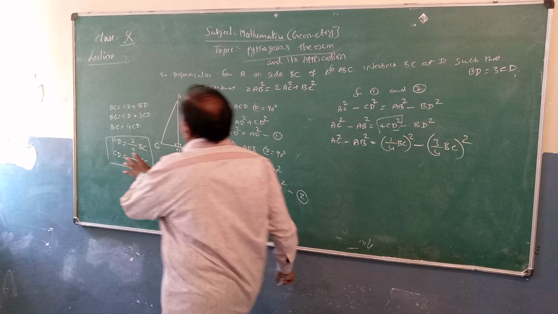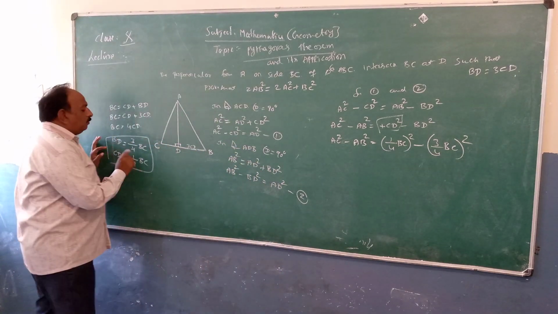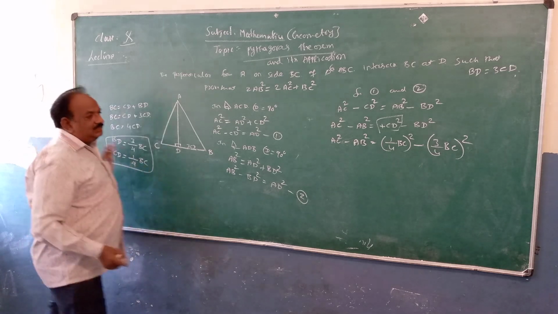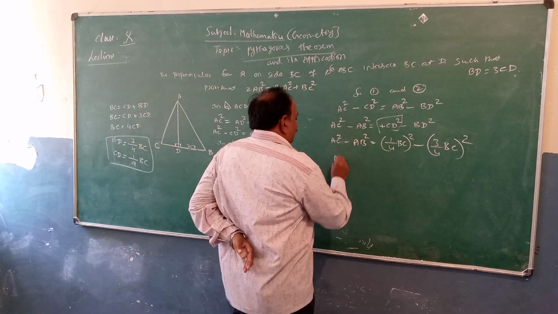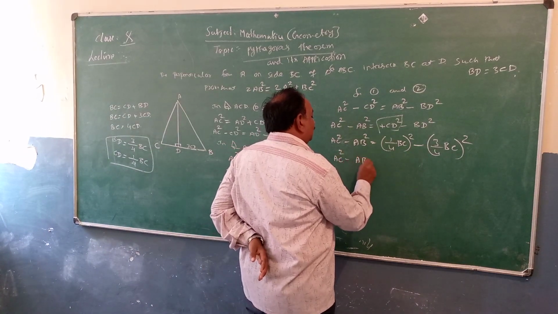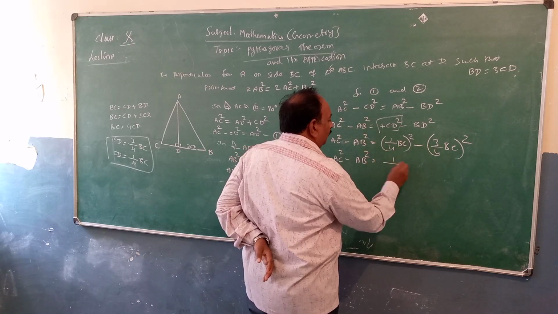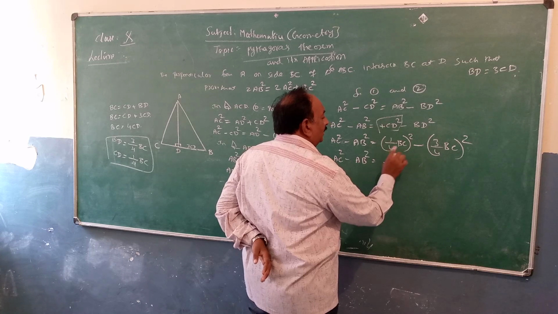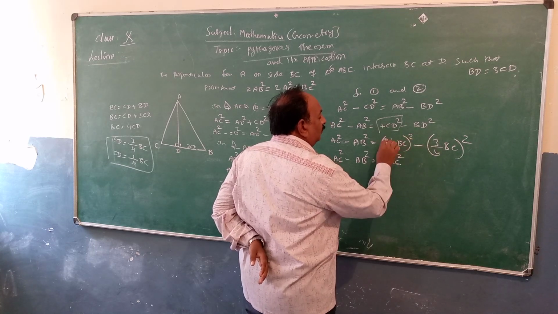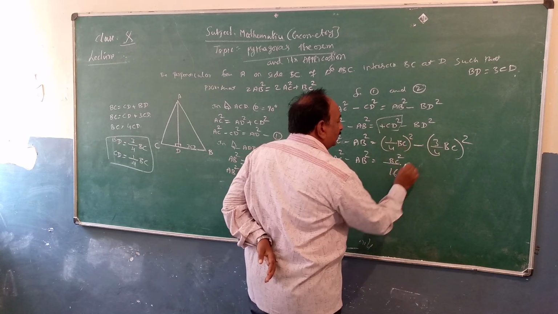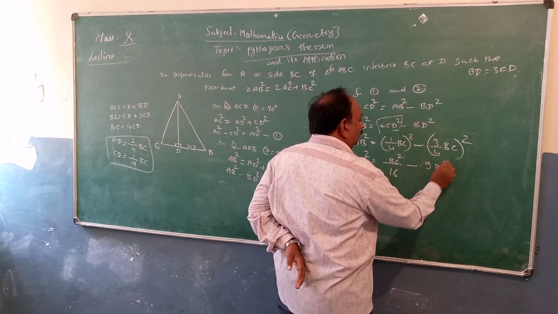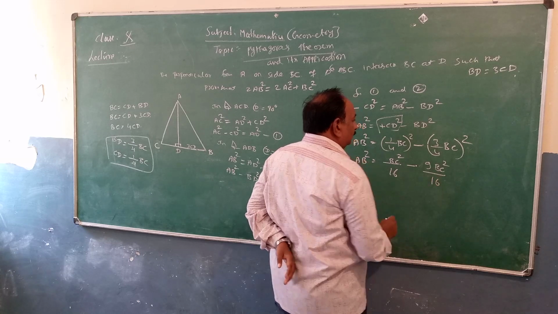This step is very important. BD is 3 by 4 of BC, CD is 1 by 4 of BC. That is equal to AC square minus AB square. BC square, 1 into BC square, 4 4s are 16, 3 3s are 9, BC square by 16.